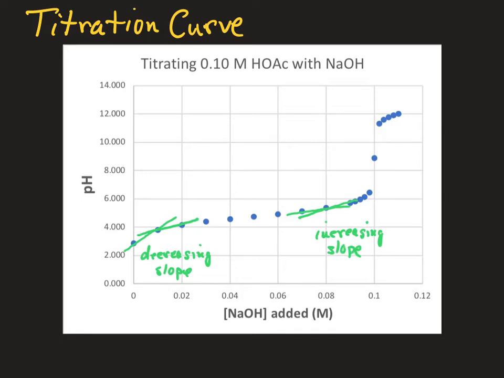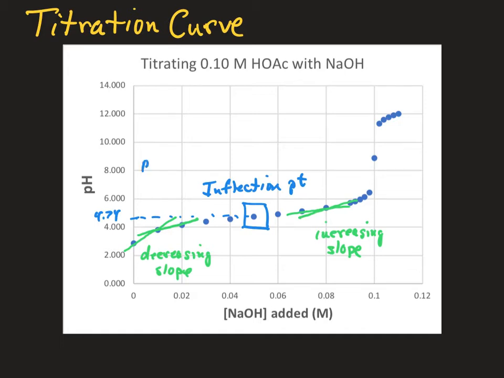And if you've had calculus, you might remember that there is a place between where we make the transition from the slope going down to the slope going up, and we call that an inflection point. Now in this case, our inflection point is at a pH of 4.74.